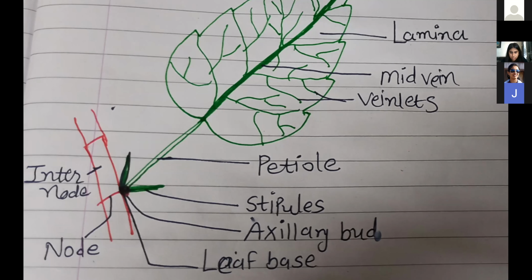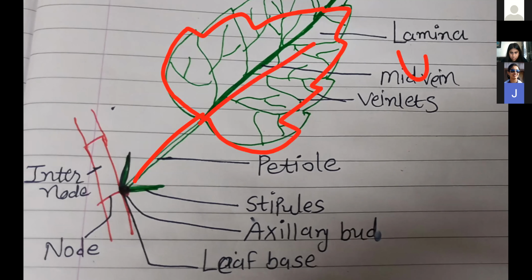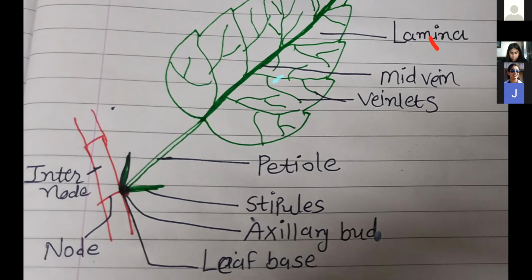This happens due to the flexibility of the petiole. It's a long, thin, flexible structure, which, with the help of the petiole, holds the leaf lamina or the leaf blade open towards the sunlight for better photosynthesis.